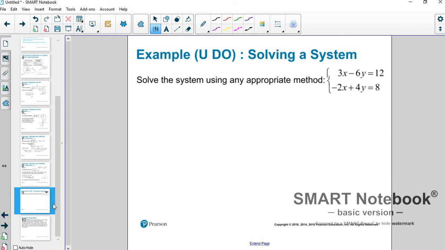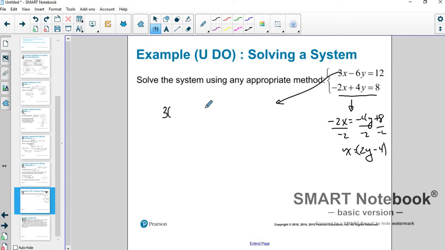Okay, so depending on how you decided to do this, I would solve this bottom one for x. Negative 2x equals negative 4y plus 8. Divide everything by negative 2 because it avoids fractions, and I get x equals 2y minus 4. And we're going to do substitution.